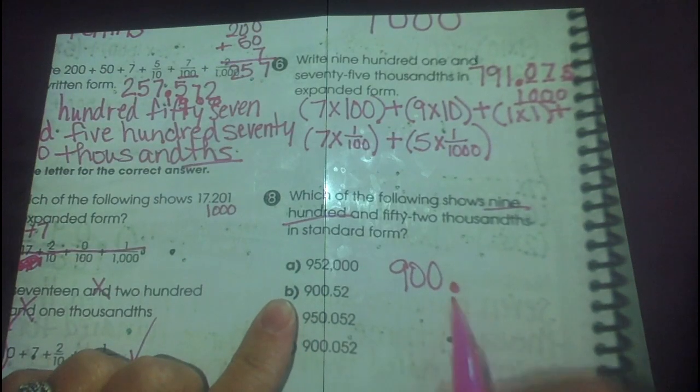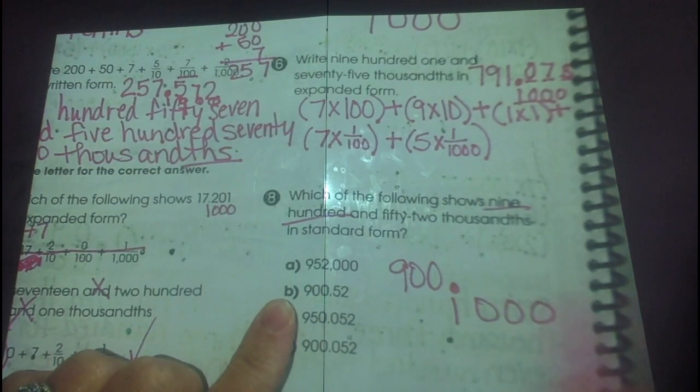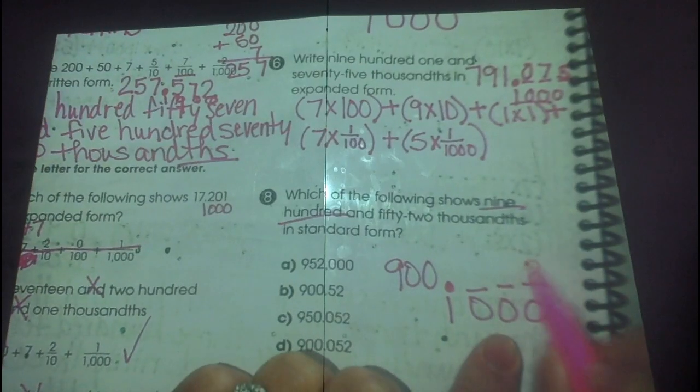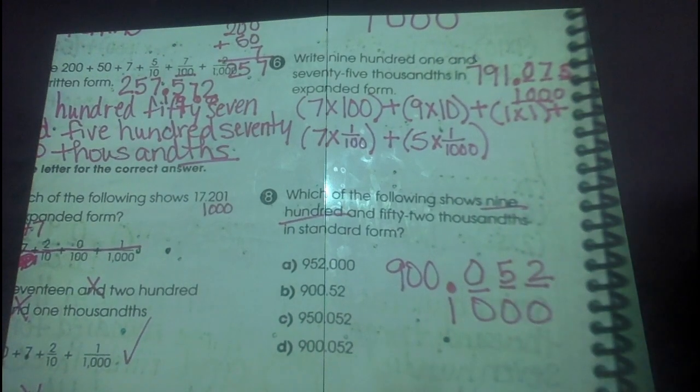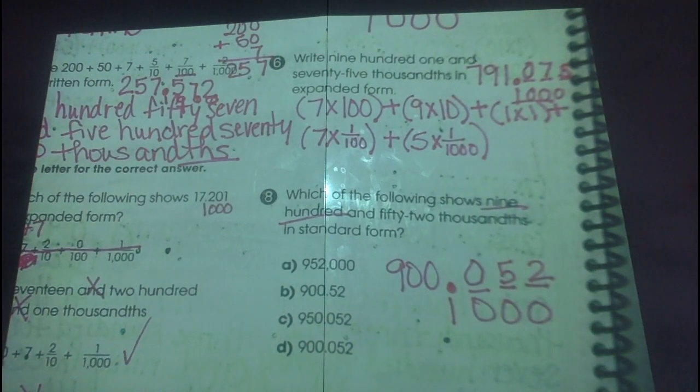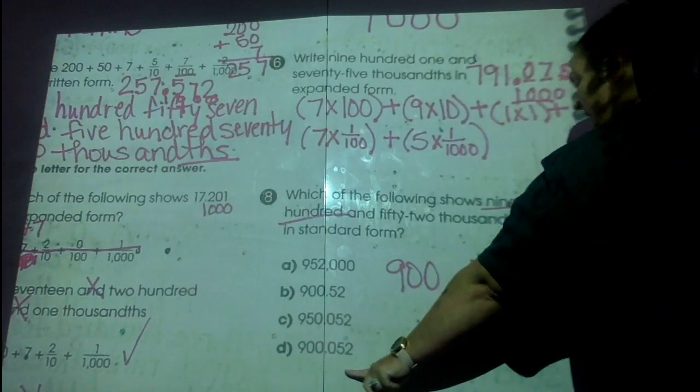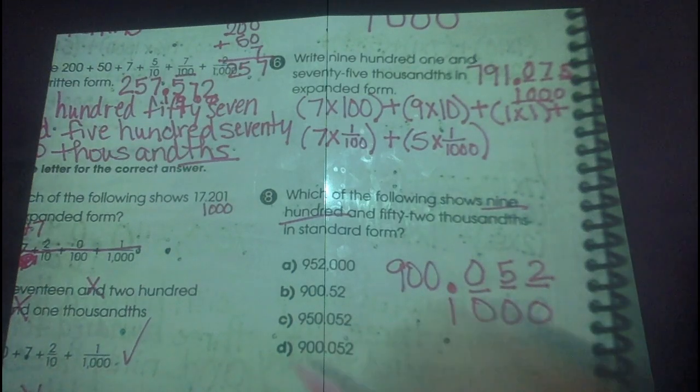And we got to have 52 thousandths. Well, I know I have to end in my thousandths place, so I'm going to have to put that placeholder 0. So 900 and 52 thousandths, what's that going to look like? It's going to look like D. Yes, D, you are correct. So let's go ahead and pick D.